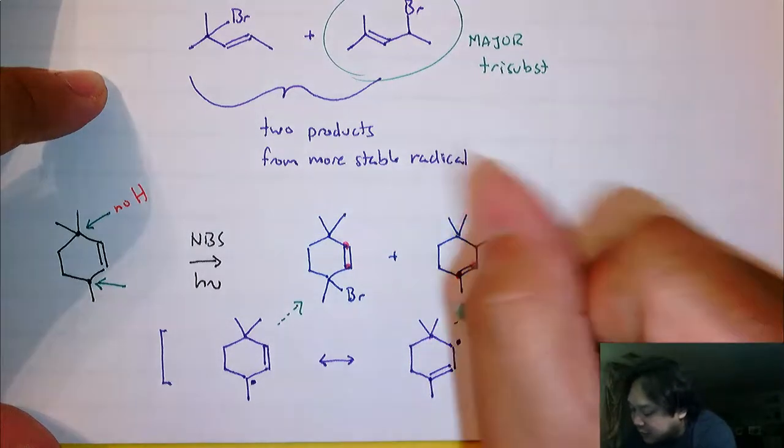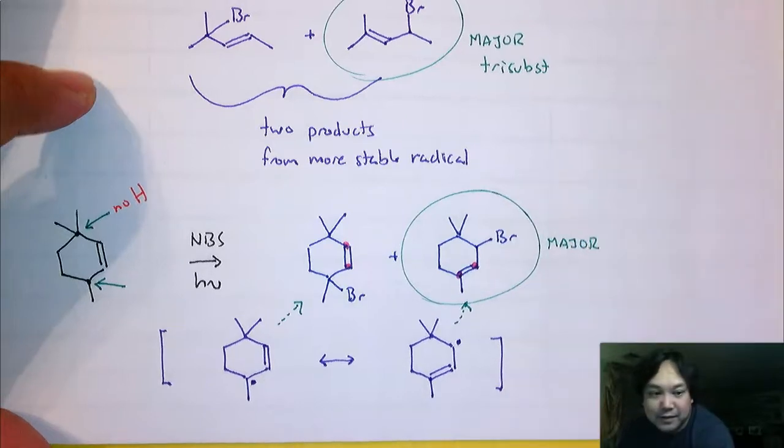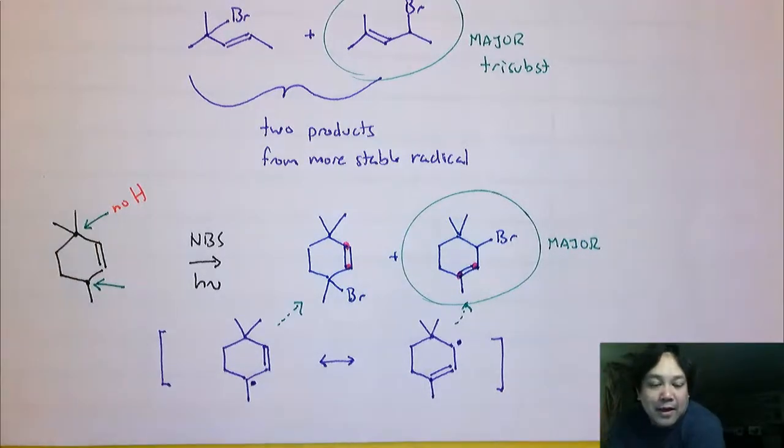Again, our major product happens to be tri-substituted. No mechanism, but you do have to understand where the radical is being made, and whether doing resonance gives you different products. In most cases they do. Then you would want to pick the major product based on the stability of the carbon-carbon double bond.